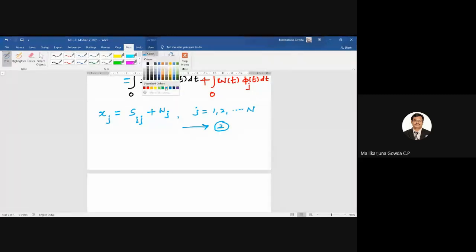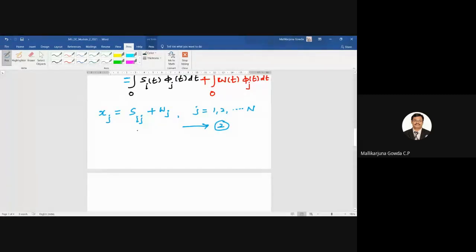Deterministic means I know what I have transmitted. So Sij is the deterministic component of Xj. Why do I call it a deterministic component?